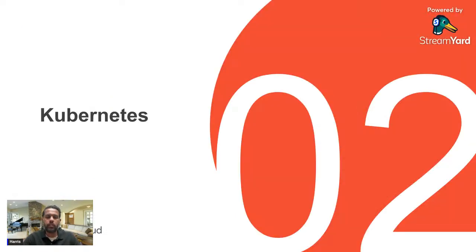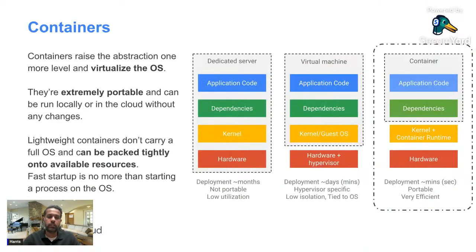Moving on, the second engine, which is part of the platform as a service component, is Kubernetes. And for that, you have the Google Kubernetes Engine. In this, your application is going to be completely containerized, which virtualizes your OS. These are extremely portable and lightweight containers.